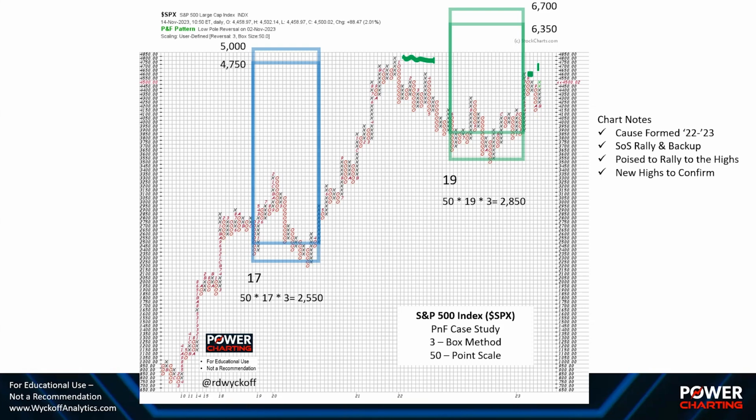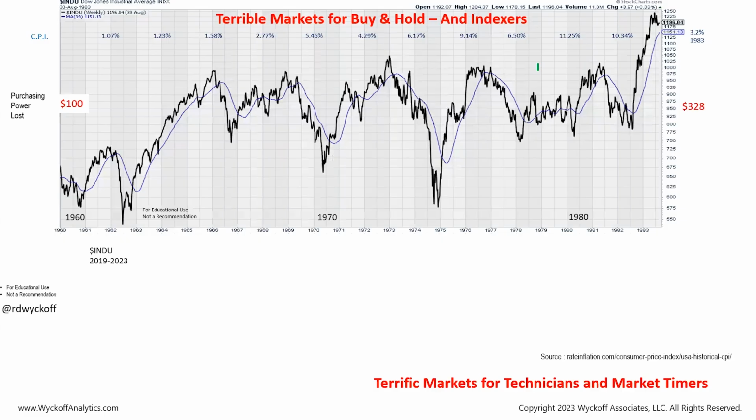So there we go. Now to conclude, let's just take a couple more minutes. You've seen this chart before, and this is the 1960s, 1970s. This was a period of ramping inflation. Inflation is the nemesis of long-term trending bull markets.